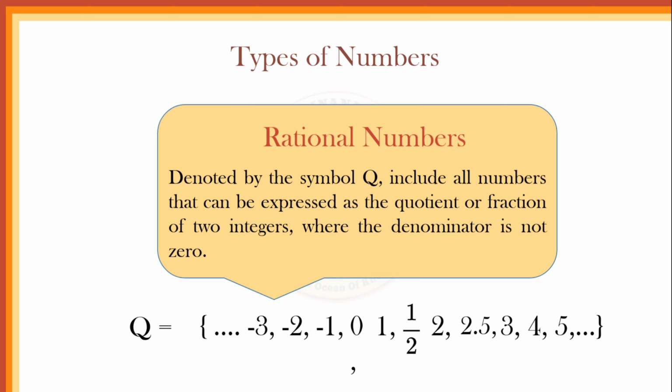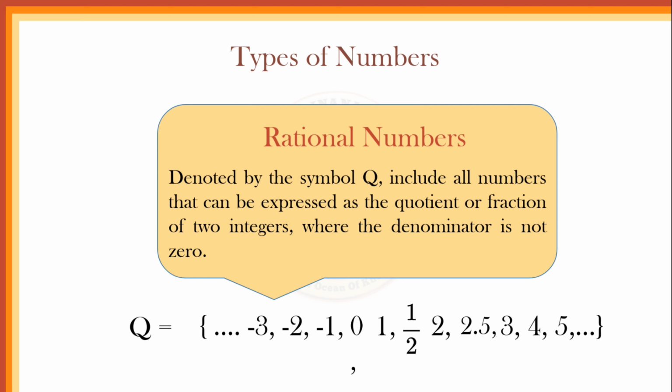Rational numbers can also be represented as terminating or repeating decimals. The sum, difference, product, and quotient of any two rational numbers are also rational, except division by 0.